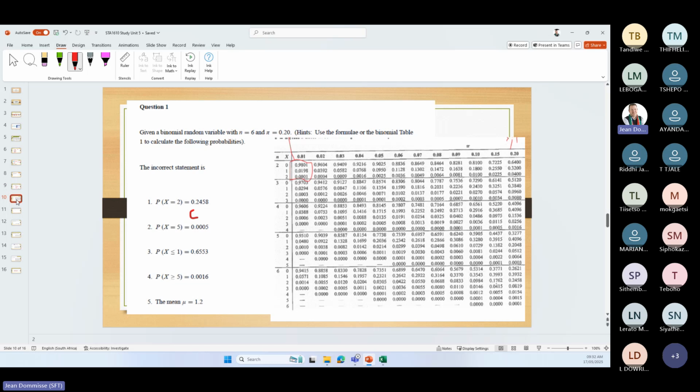Okay, so let's go into binomial. Binomial distribution, I don't think we've mentioned it up front, is basically where there's 2 outcomes. So if you throw a coin, it's heads or tails. 2 outcomes. Will it rain today?